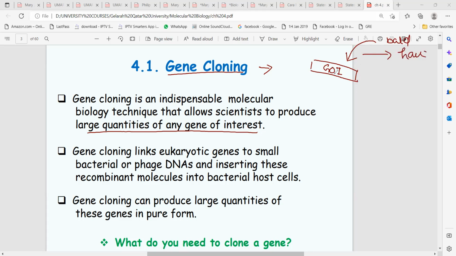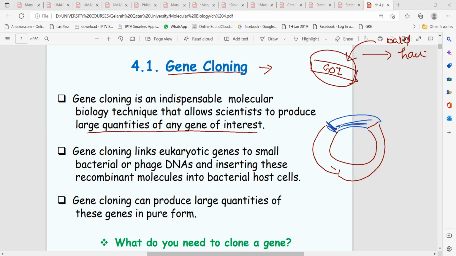You can insert this gene for hair growth into a recombinant plasmid. Remember, a recombinant plasmid acts like a carrier. Clear? It will take this blue gene of interest and transfer it into the host body.